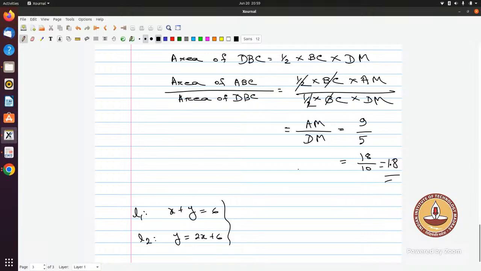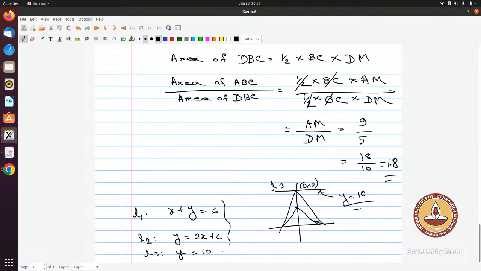Now, if I draw this, this point was 0, 10. The straight line which is parallel to the x-axis passing through 0, 10 will be y equal to 10. This is the equation of L3.